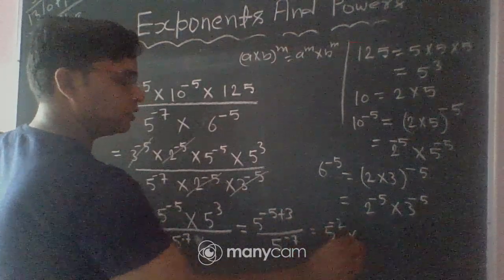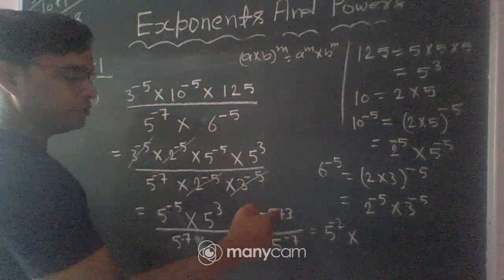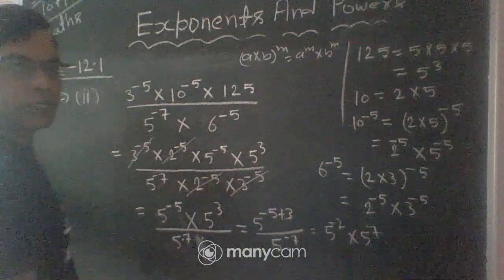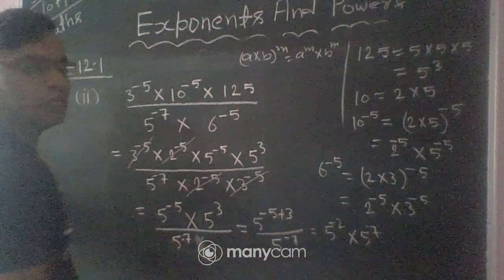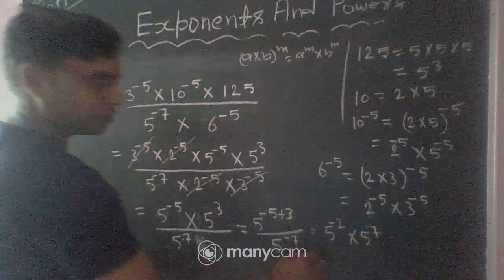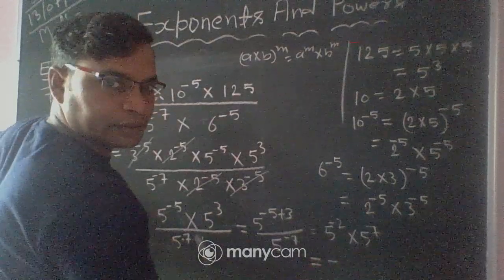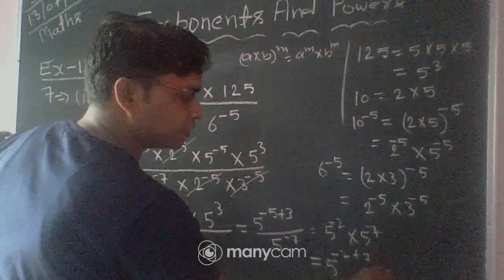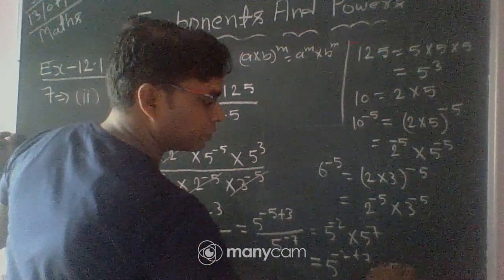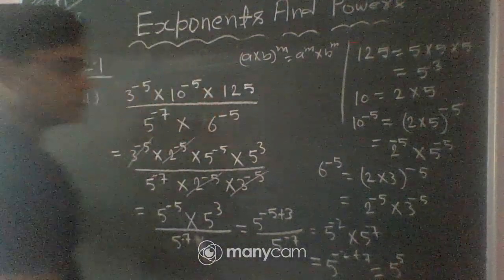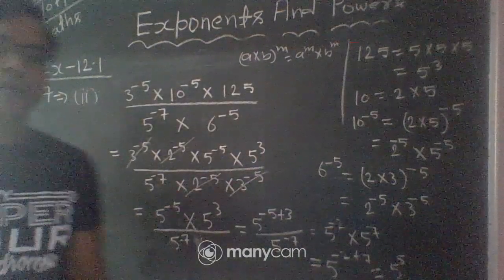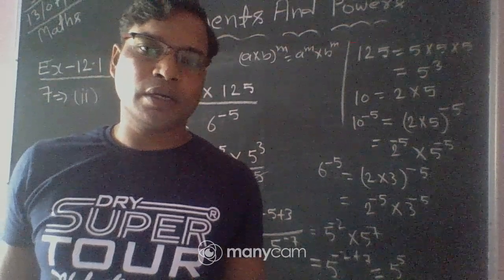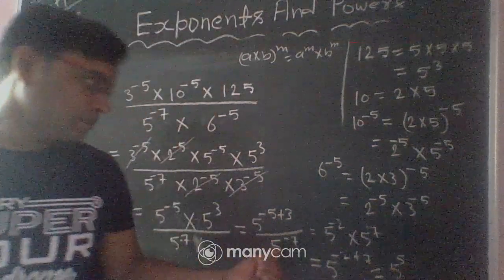Okay, and if we transfer it to the numerator, we obtain 5 power 7. Again you can see here 5 power minus 2 into 5 power 7. So this is equal to 5 power minus 2 plus 7, which is equal to 5 power 5. Okay, and so in this way you can solve it.